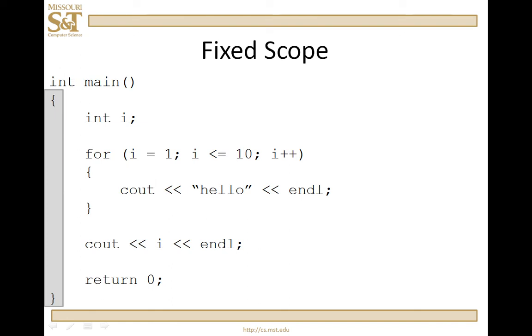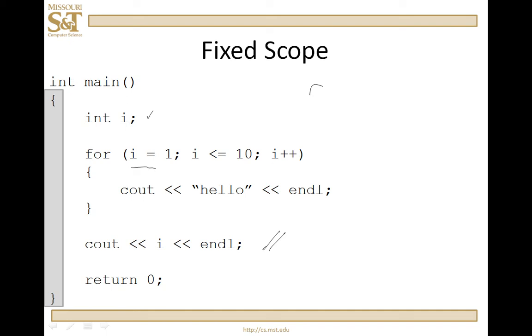Now, suppose that I put the curly braces around the entire block, and I create I outside of the for loop. Right? So I create I, initialize it here, use it in the loop. When I then jump out of the loop and ask to output I, well, what is it?